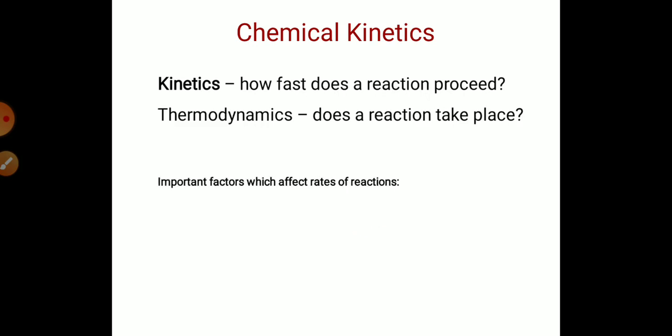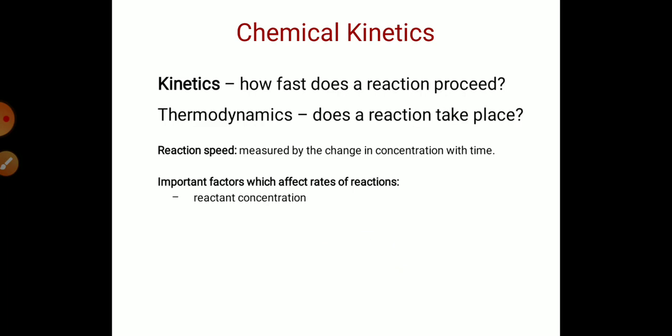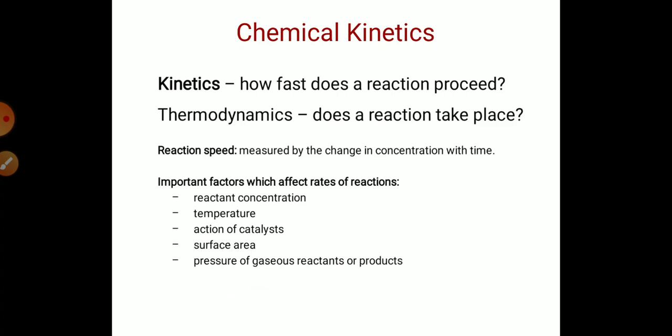The important factors which affect the rate of reactions are used to measure the change in concentration with time. The factors which affect the rate of reaction are reactant concentration, temperature, action of catalyst, surface area, and pressure of gaseous reactant or product.